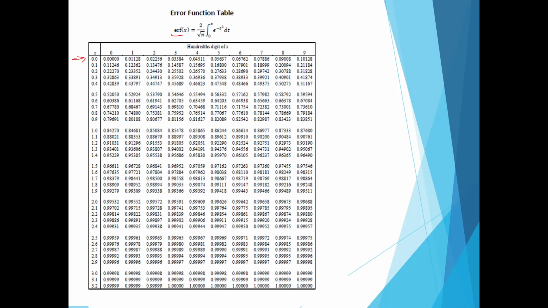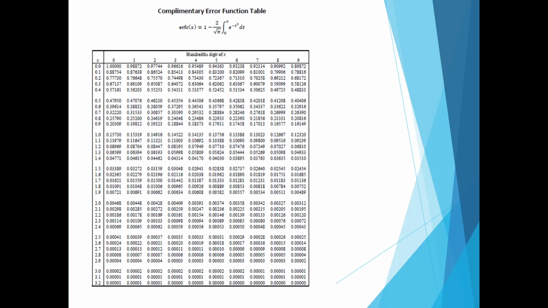For example, if I want to find the error function for x equal to 0.40, it is this one. Or 0.49, for example, we produce an error function output equal to 0.51167. So that's how we find the values for the error function based on the input.